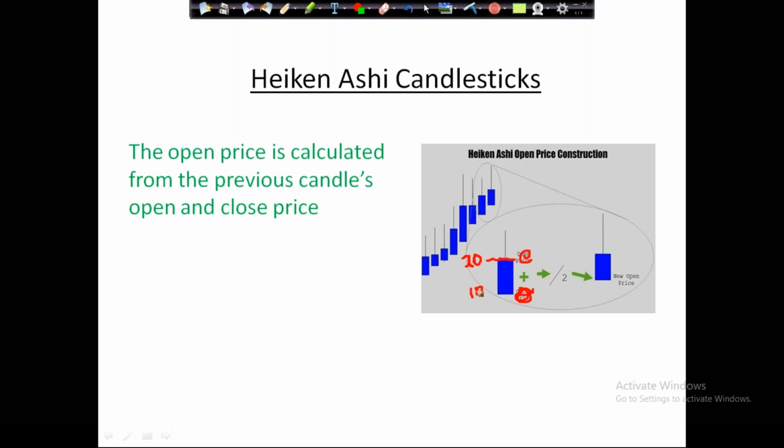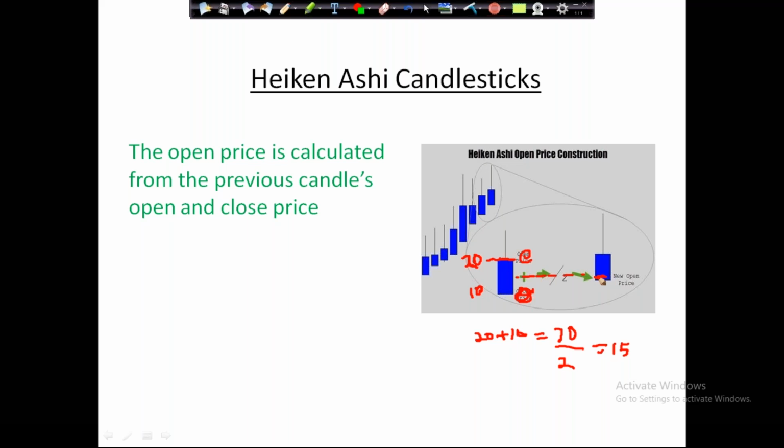Is it clear? Now we will add both of them. 20 plus 10 is equal to 30. All right, now divided by 2 is equal to 15, right? Now we have seen here is 20 and here is 10, and 15 will be somewhere in between this area. So exactly the open will be here.